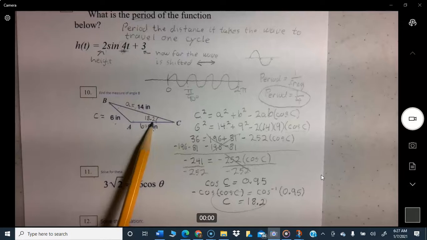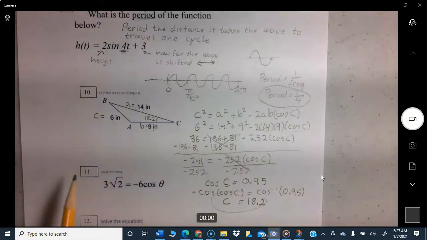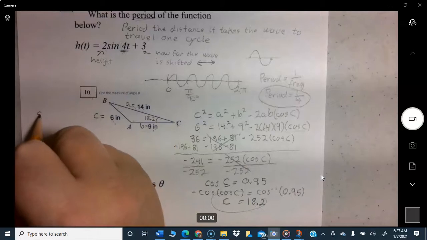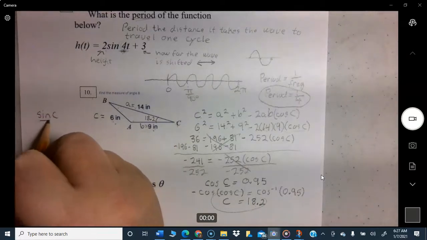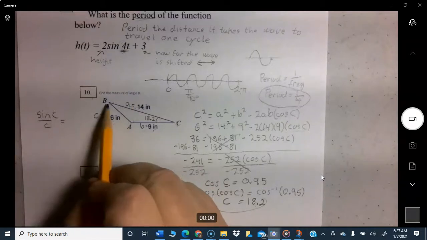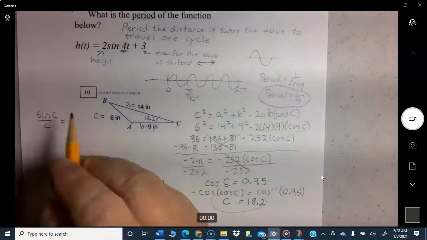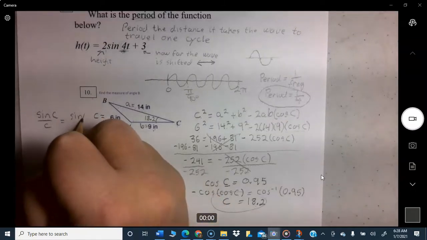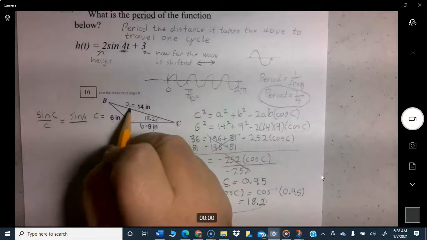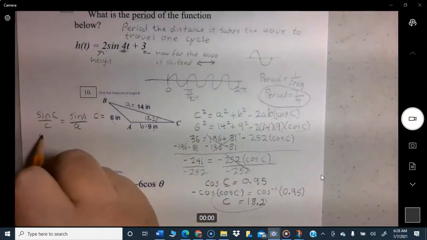But now that we have one of the angles, we know angle C and we know side C, we can use the law of sines, which is easier. Generally, it's less calculations. So let's do that. We know C, so that's what we're going to start with. Sine of C over C equals, and you can choose either angle, to figure out either angle A or angle B. So we'll go ahead and use angle A. That's going to be sine of A over the side that's labeled A. So sine C we've got is this.